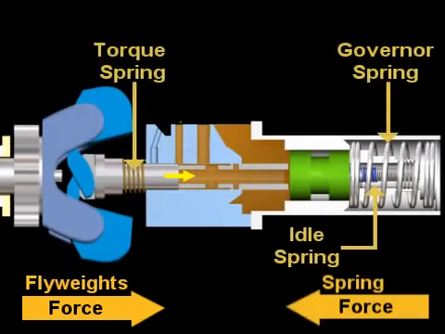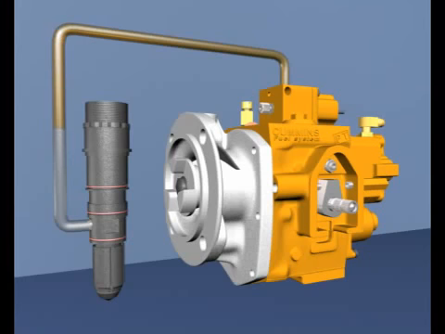Torque is dependent upon the quantity of fuel that is metered and injected per cycle. In the PT fuel system, at any given speed, torque is dependent on rail pressure.